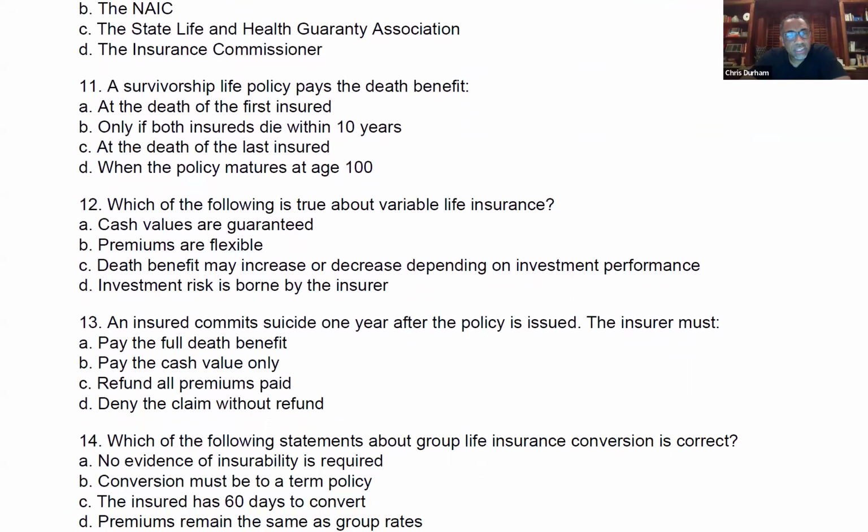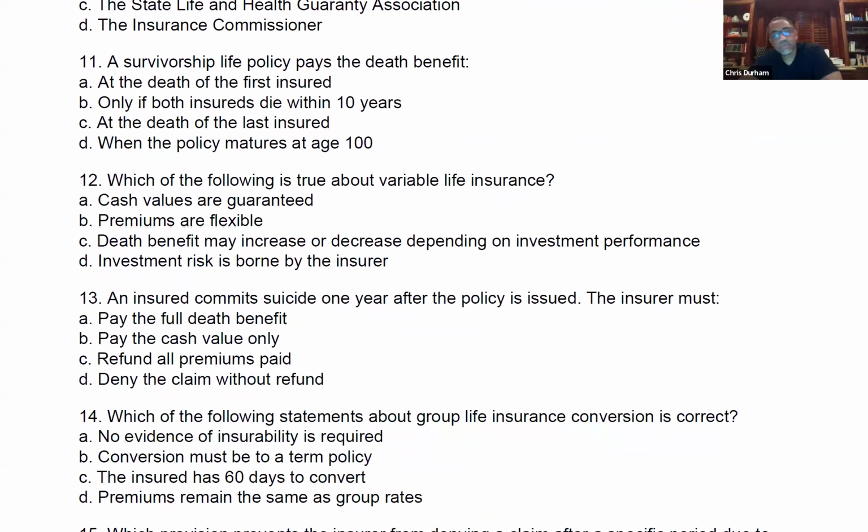All right, Kendrick, next. Which of the following is true about variable life insurance? A, cash values are guaranteed. B, premiums are flexible. C, death benefit may increase or decrease depending on investment performance. D, investment risk is borne by the insurer.